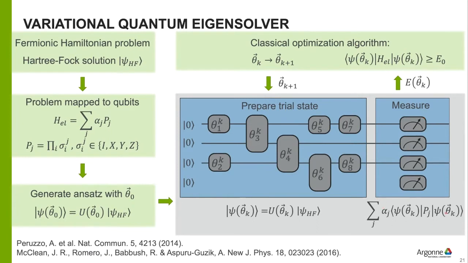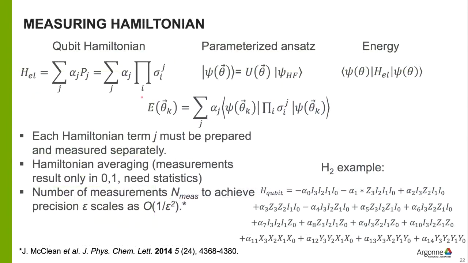So to say a few words about the measurement process of the Hamiltonian. Your energy is essentially a sum of these matrix elements, where these are the coefficients that come from the Hamiltonian, these here are the Pauli strings, and these are variational forms.